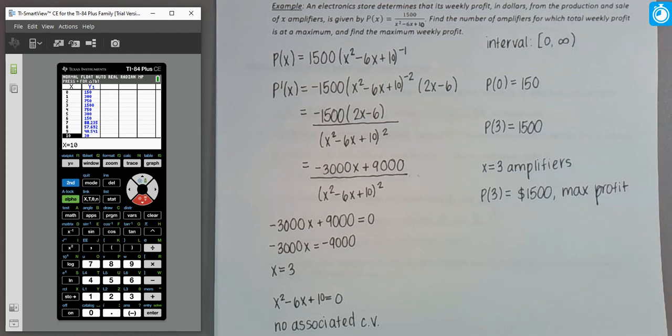The idea is we don't want to use these particular concepts out of context. The idea is how can we actually use this to solve real-world problems. So we'll look at some more examples solving these kinds of applied problems. Sometimes we're given a function, sometimes we have to write our own function, and then find our max and min using the strategies that we've looked at in this section.